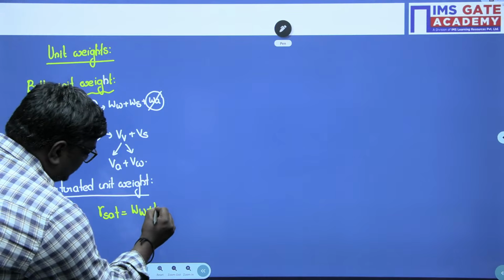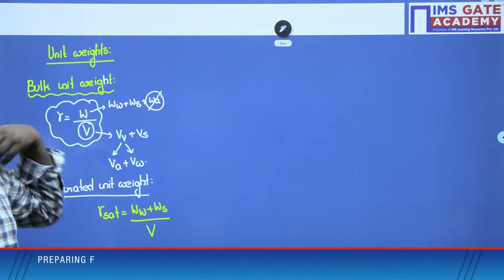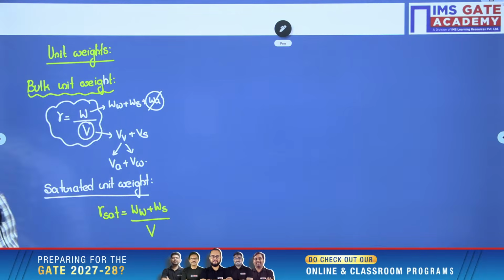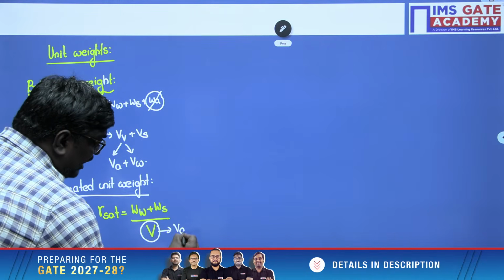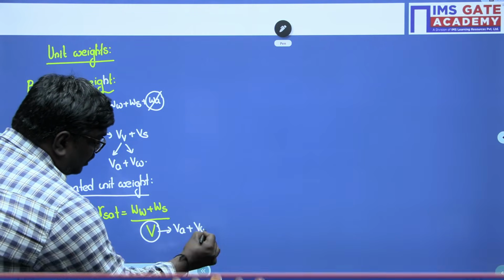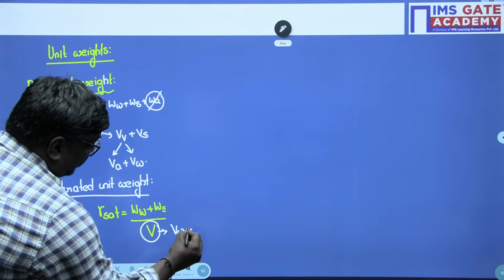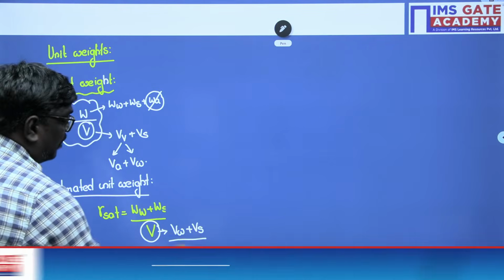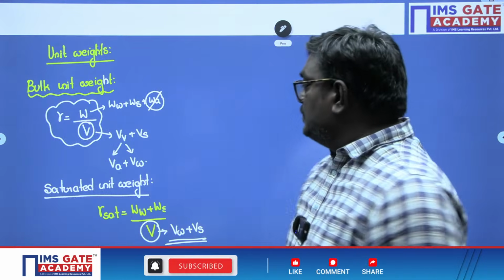Weight of water plus weight of solids upon total volume. Now, some of the students might ask me, sir, what is the difference between these two? Here, total volume means volume of water plus volume of solids only. Here, volume of air will be 0. So, you have to understand this, my dear students.